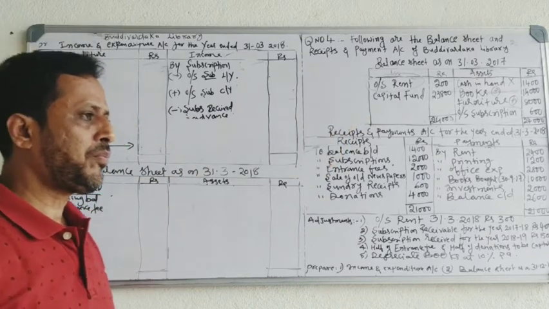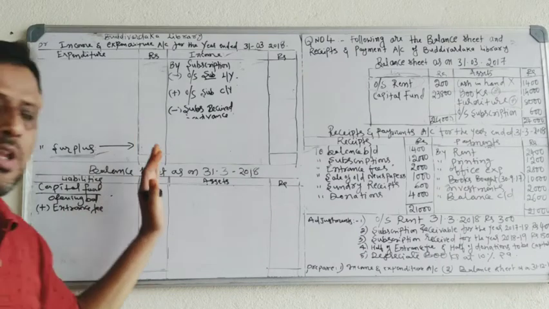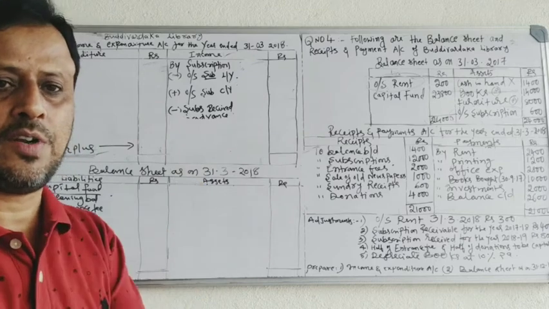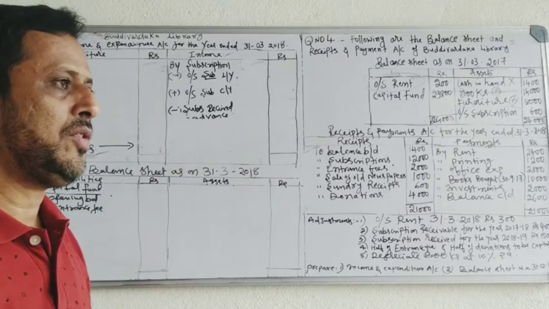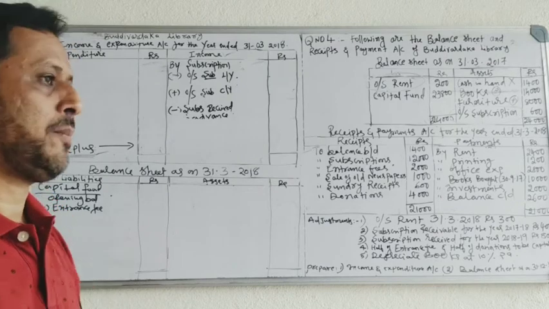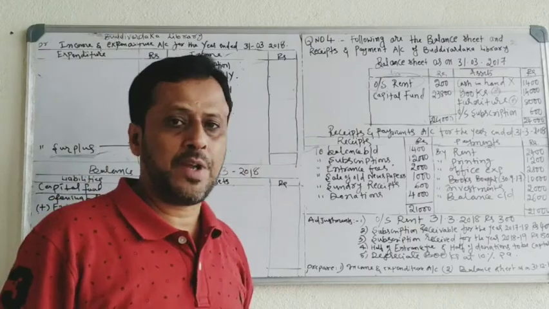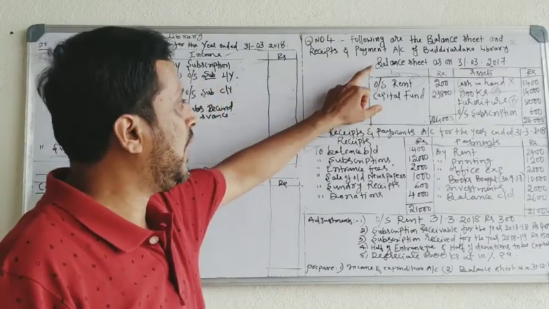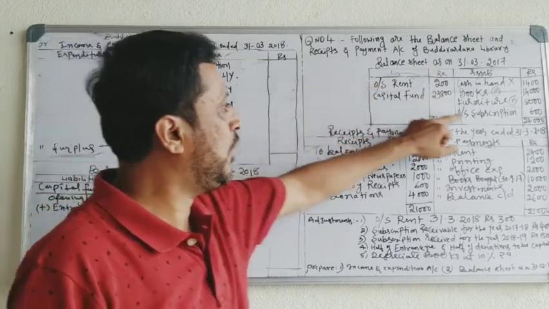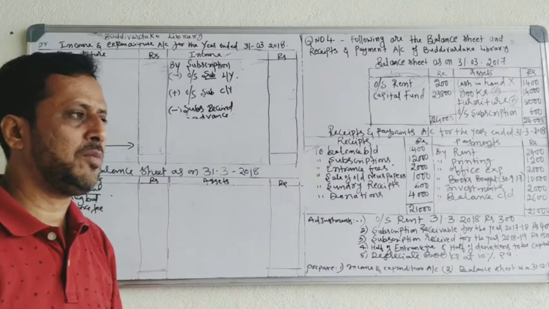What is the receipts and payments account? It is a summary of all incomes and expenses of the current year. That means you have to take only current year expenses and incomes. You should not take last year's outstanding. In the balance sheet of last year, you have outstanding rent and outstanding subscription. What did I tell you about the outstanding items?